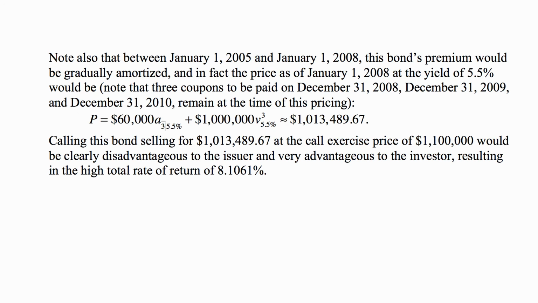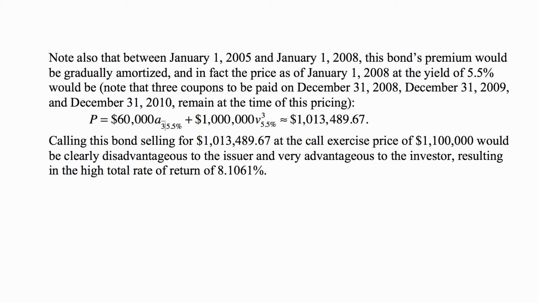Also note that between January 1st, 2005 and January 1st, 2008, the bond's premium would be gradually amortized, and in fact the price as of January 1st, 2008 at the yield of 5.5% would be calculated as the price of the remaining 3 coupons plus a redemption value of $1 million, so $1,013,489.67.